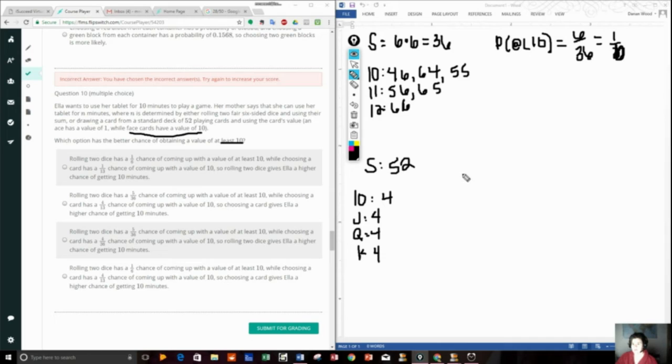Okay, so then the probability of at least a 10 here is going to give me a total of 1, 2, 3, 4, 5, 6, 7, 8, 9, 10, 11, 12, 13, 14, 15, 16. There's 16 ways out of the 52. And that's going to reduce down to 4 thirteenths.